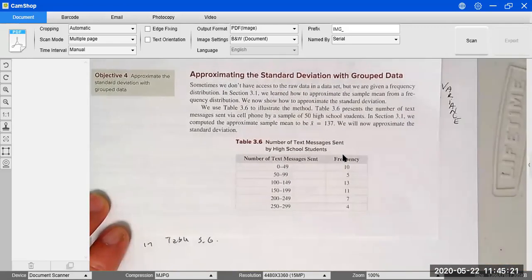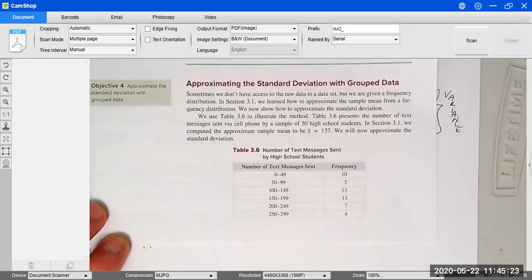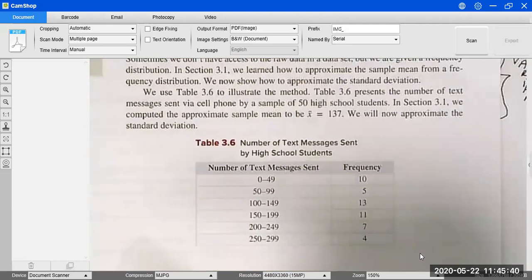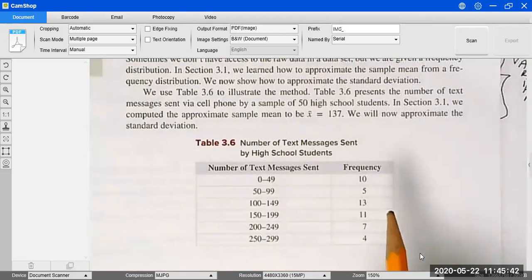So you have here the data. It's just a frequency distribution. You have your classes in the first column, and you have the frequency. So you're going to need to compute the midpoints. What are the midpoints? I think we already solved this problem last time.